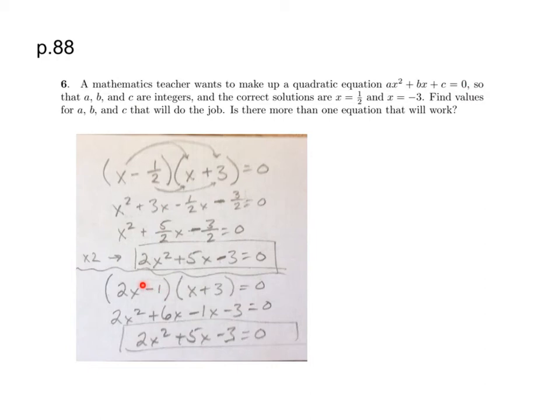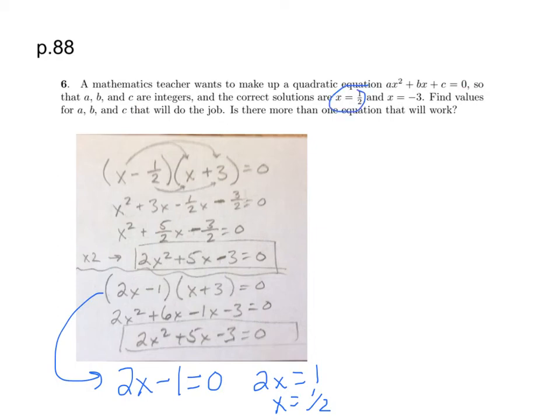If I set this factor equal to 0, 2x minus 1 equals 0, I solve that for x, I get 2x equals 1, x equals 1/2. So that's another way you could use your factors and keep whole numbers the whole time without using fractions. Notice where I use the 2 and the 1 there. And then when I distributed it out, I still get the same answer.